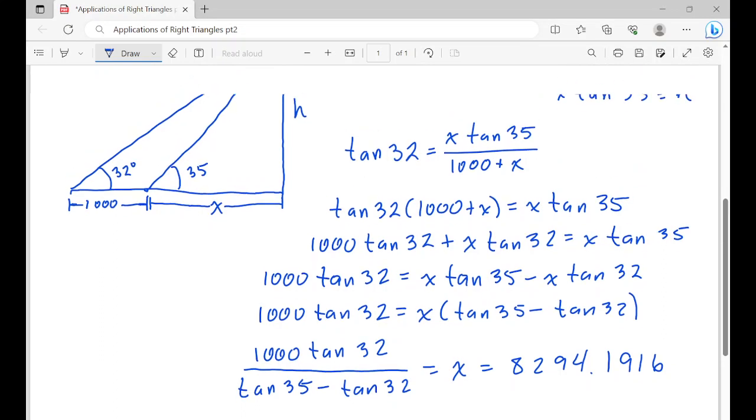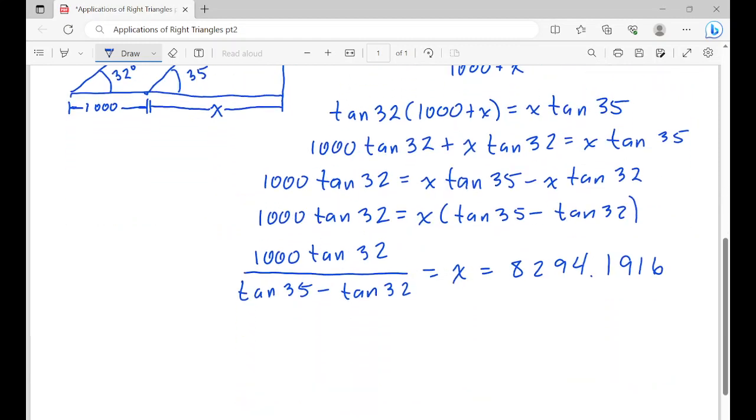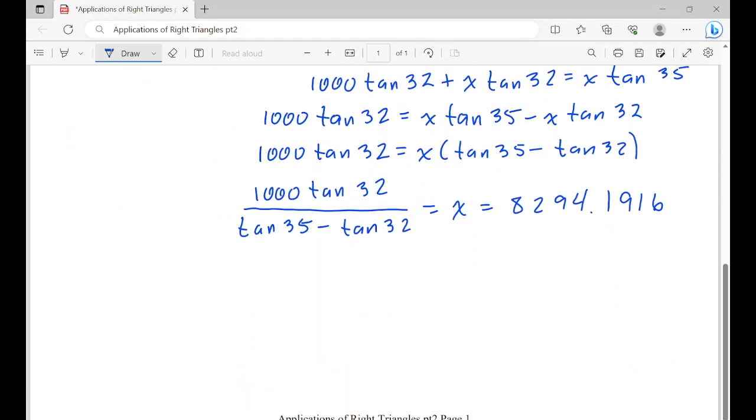But I do know, way back up here, h is equal to x times tangent 35. So I know x, I can plug it in, run it through the calculator, and then I'll get h. So let's do that. 8,294.1916 tangent 35 equals h.